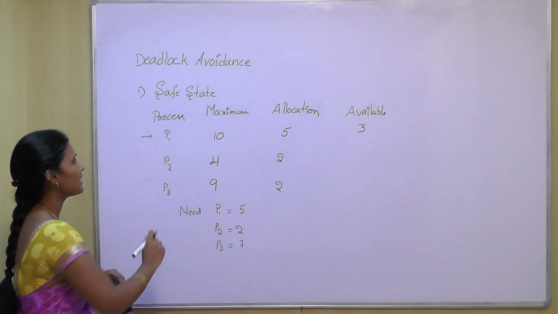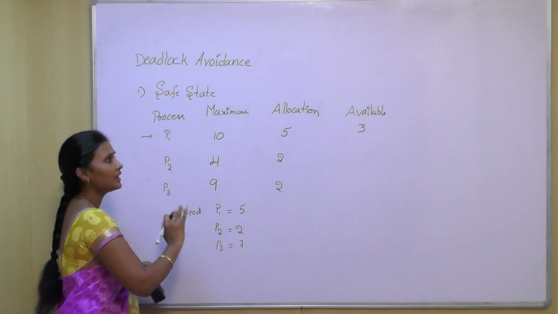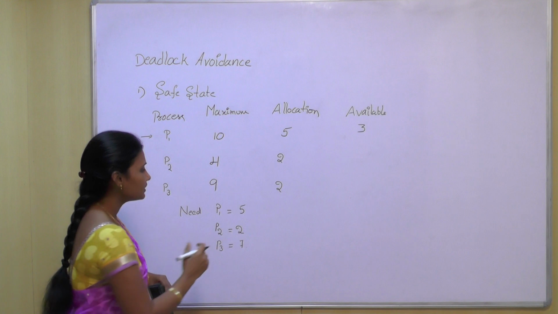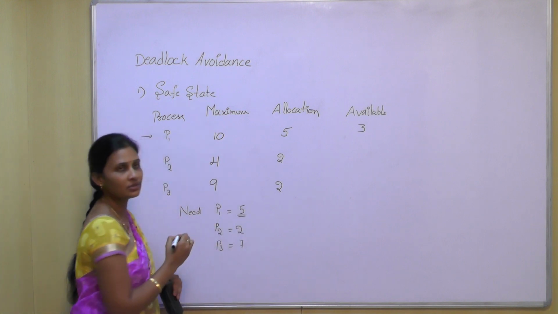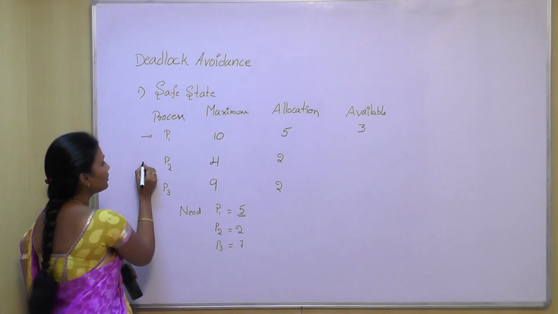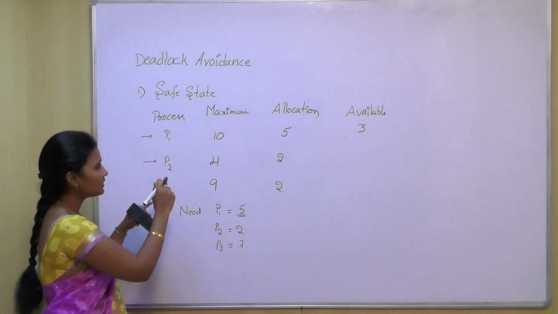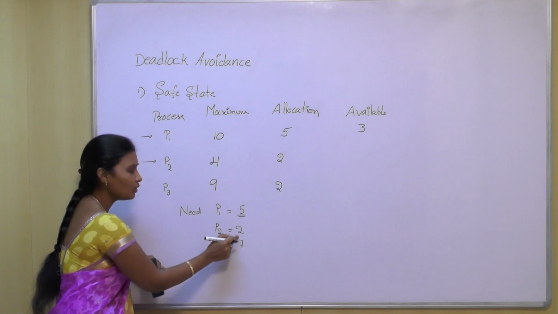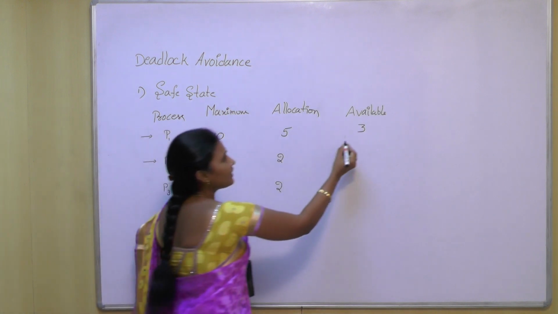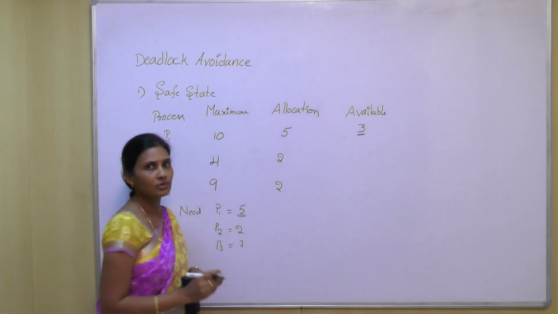Now first we start with process P1. But how many available resources are there? The available resources are 3, but P1 requires 5 resources to finish execution. So we move to process P2. P2 needs only 2 resources to finish execution, and the available resources are 3, so that is enough.